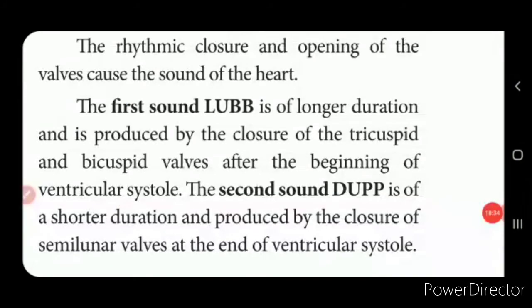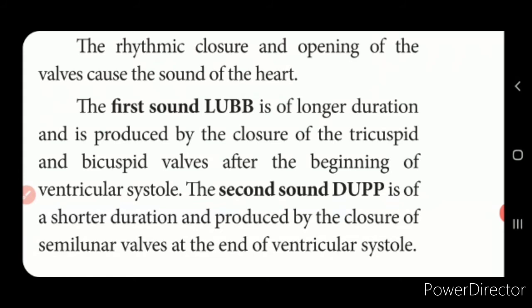Next we'll see the heart sound. Now the heart sound is lub dup, right? This rhythmic closure and opening of the valves is nothing but the sound of the heart, which is the lub dup. Here the first sound, lub, is of longer duration.